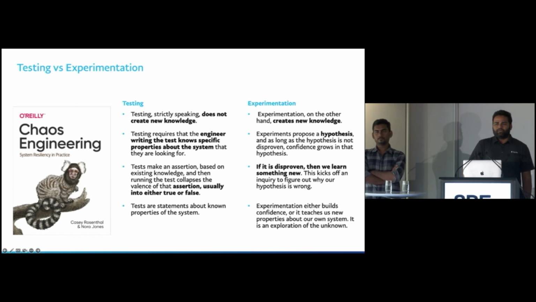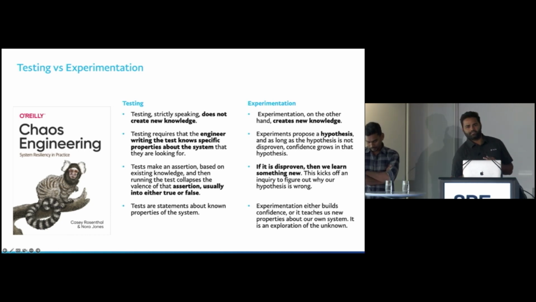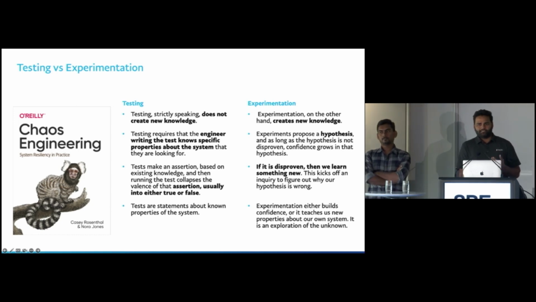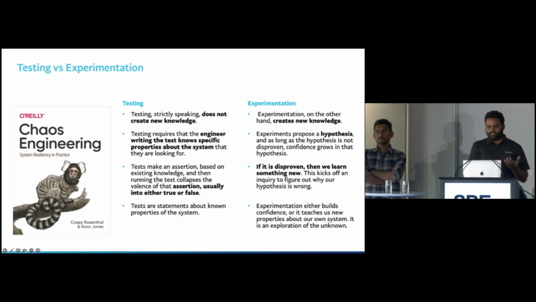The person testing the system most of the time knows all the ins and outs of the system, and we validate an assertion, be it unit testing, regression, or integration testing. We have some assertion, and then we test whether it's valid or not. So in that sense, it doesn't create new knowledge.